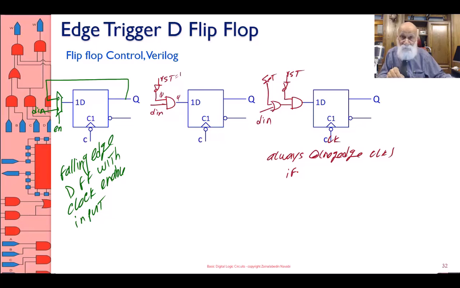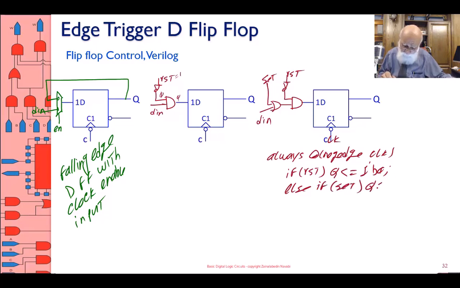If I am giving priority to reset: if reset, Q gets 1'b0, else if set, Q gets 1'b1, else only then Q gets D in. Okay?